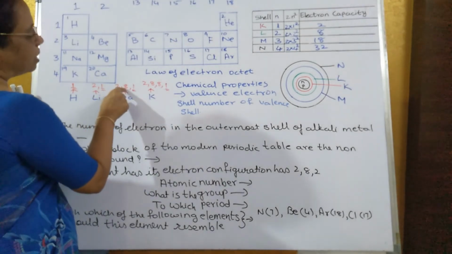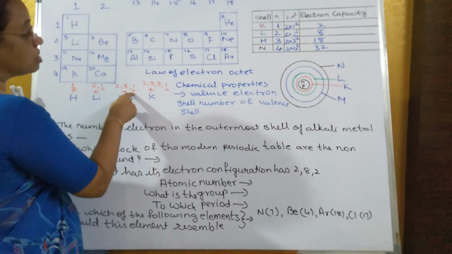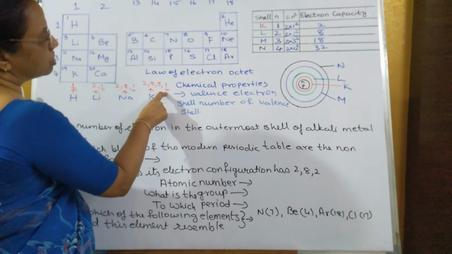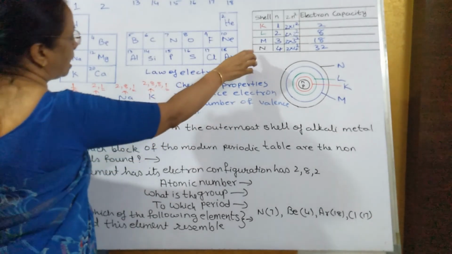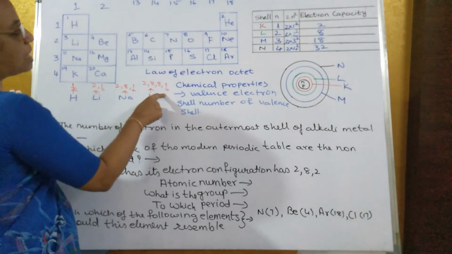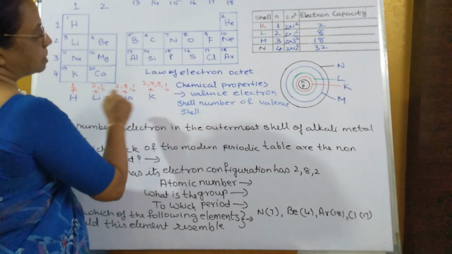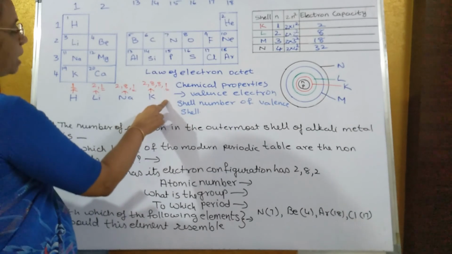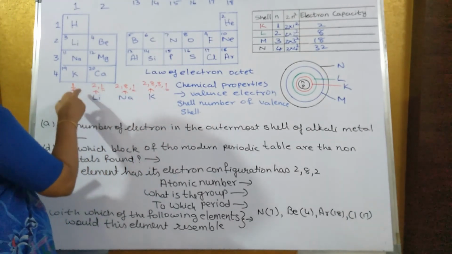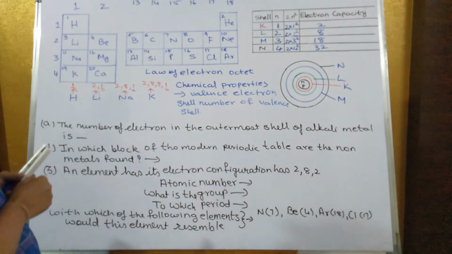Over here there are 3 shells, so it is in the M shell. And over here the valence electron is in the fourth one, that is the N shell. So it depends upon the valence electron as well as on the shell in which it is present.